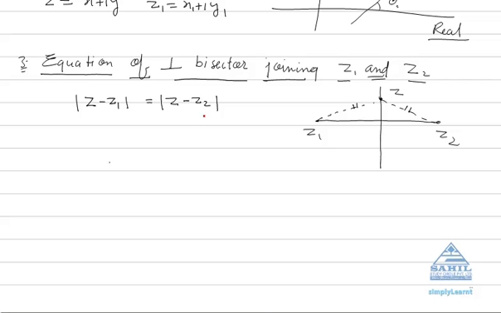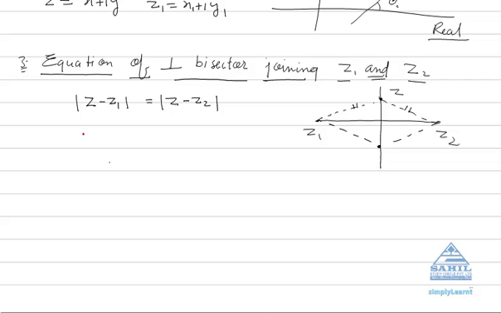So z will move in such a way that it will always be equidistant from these two points. If your z point is here also, the distance from z1 and z2 will remain the same. Now this is the equation. By putting the values of z1 and z2 you can find the equation.